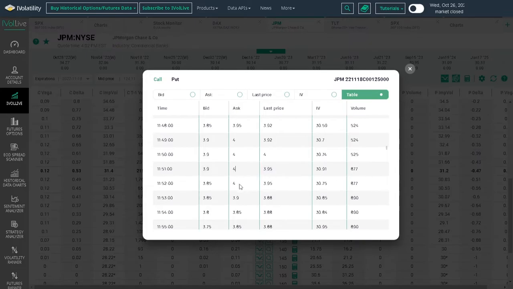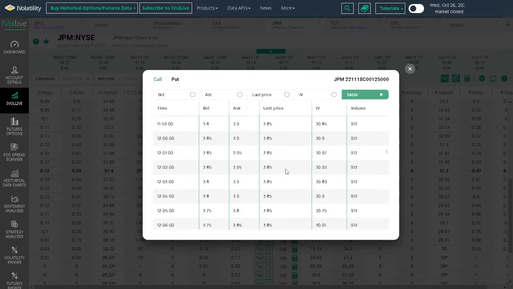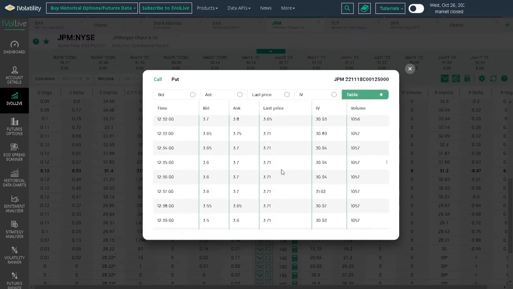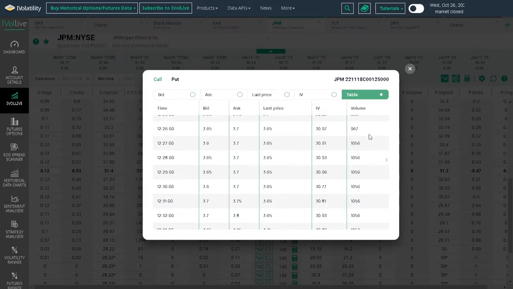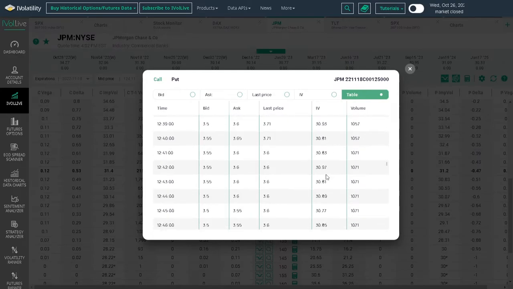Market is 3.9 at 4, and then it was 3.9 at 4 before, so it trades in the middle. So this is an even market. It's difficult for us to draw any conclusion. If we continue to scroll down for further prints, here we've got about 90 odd contracts that traded at 365. Again, trades in the middle, so not much that we can say.